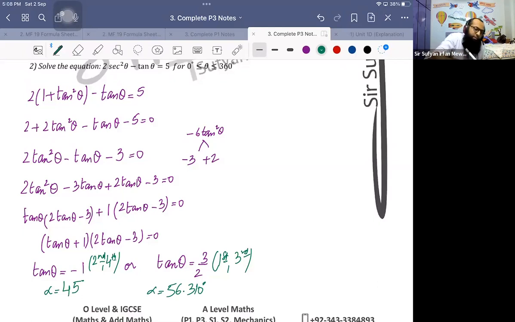Then finally, we give the answers for theta. The first answer in the second quadrant is 180 minus 45, which is 135. And in the fourth quadrant it is 360 minus 45, which is 315 degrees.